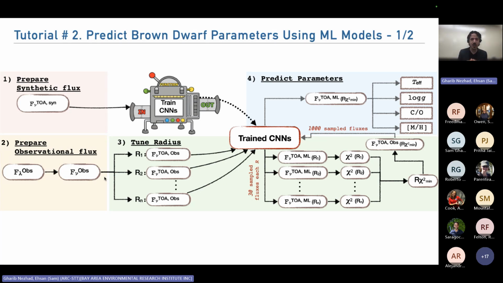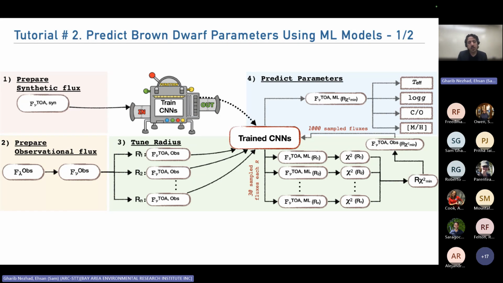It's not a priori in the model. That's true in forward modeling, and that's the same in CNN. In CNN, the data that we are providing and training the model is top of atmosphere.